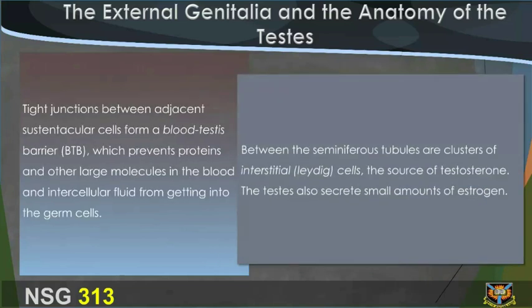Tight junctions between adjacent sustentacular cells form a blood-testis barrier, BTB, which prevents protein and other larger molecules in the blood and intercellular fluid from getting into the germ cells. Between the seminiferous tubules are clusters of interstitial Leydig cells, the source of testosterone. The testes also secrete a small amount of estrogen.